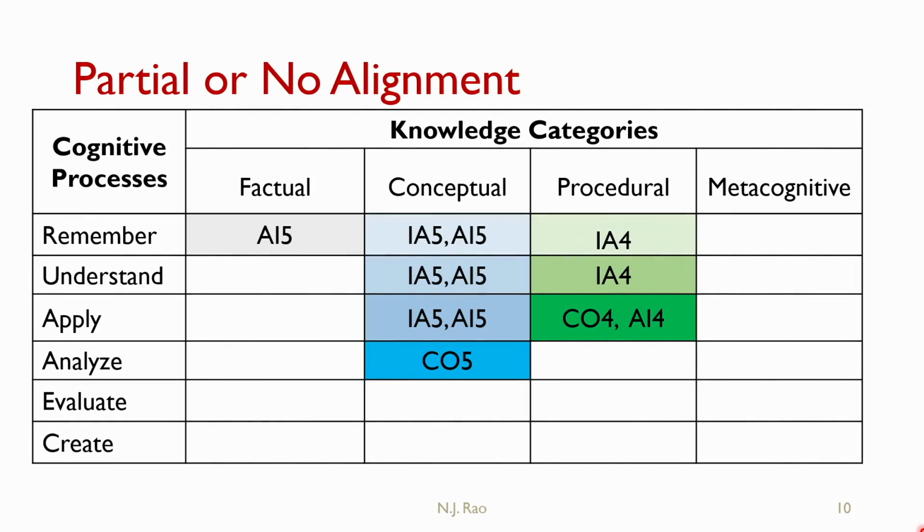AI5 can be in 1 and 2, or 2 and 2, or 3 and 2. But you will notice that there is no AI5 in the cell 4 2.